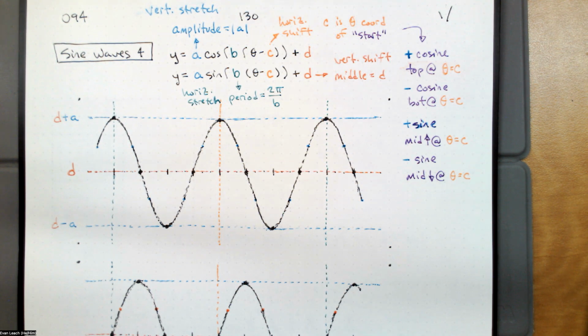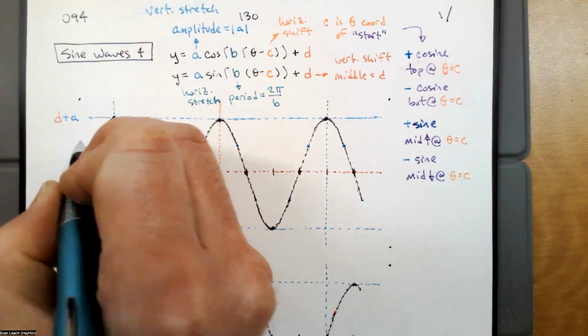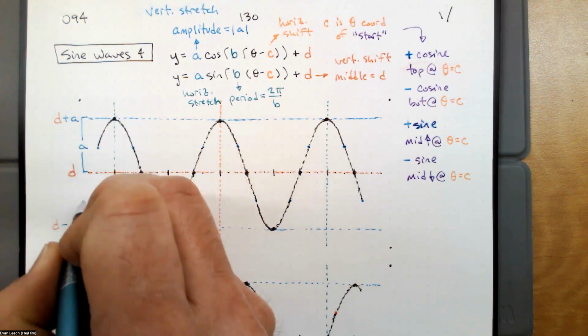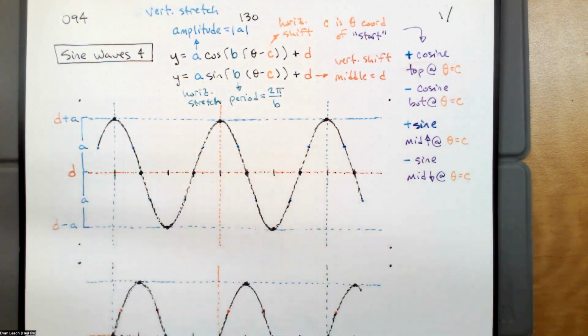So if the middle is at D, D plus A is the top, D minus A is the bottom. A is this distance. Those are the easiest ones to sort out.